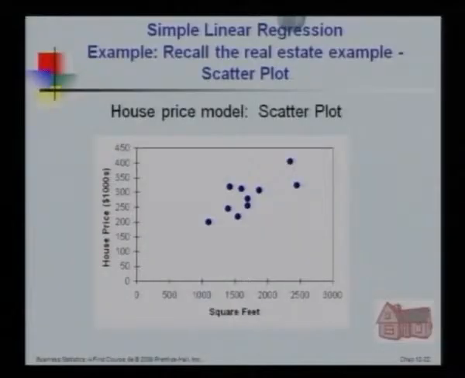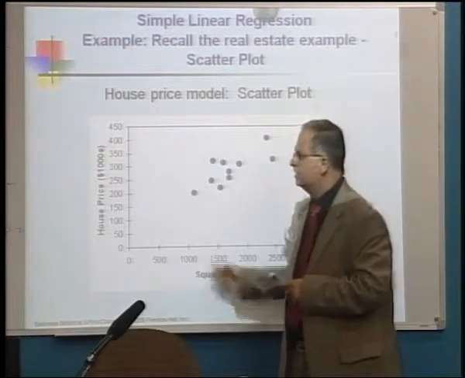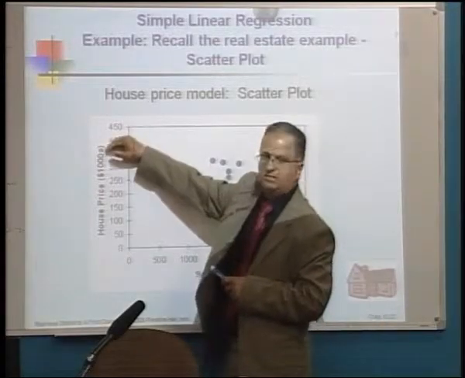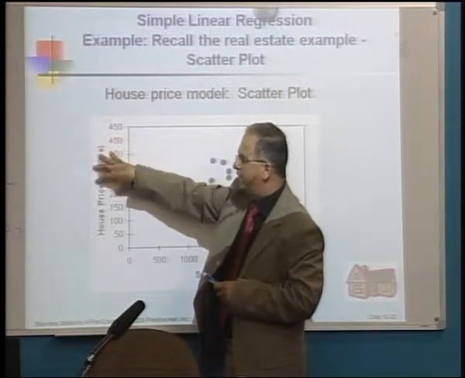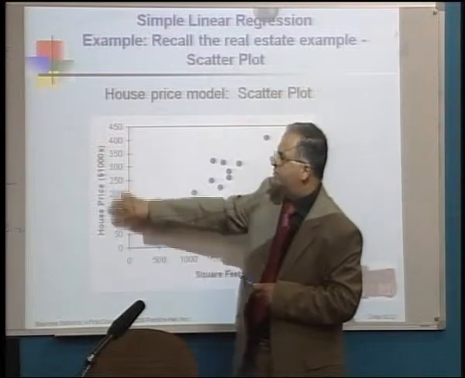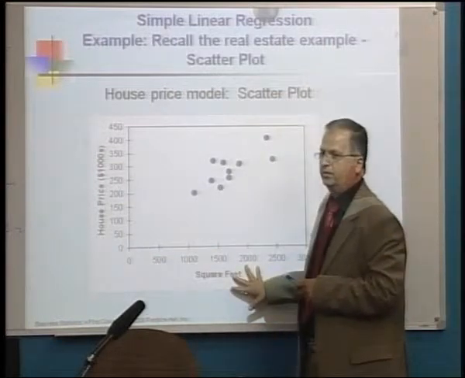Now, the first step we have to do in order to determine if there exists a linear relationship between x and y is to draw a scatter plot, y versus x. In this specific example, x is the size of the house measured in square feet, and y is the house selling price in $1,000. So we have to draw y versus x, house price versus size of the house.